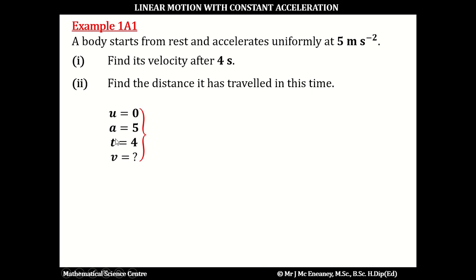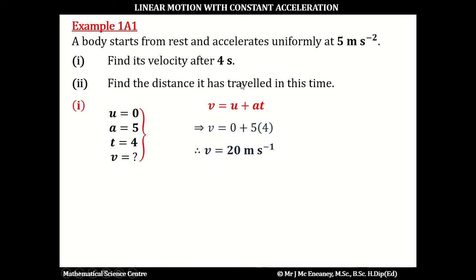So we've got u, a, t, and v is the unknown. Equation number 1, v equals u plus at, uses these 4 variables. So v is 0 plus 5 times 4, which means v equals 20 meters per second.